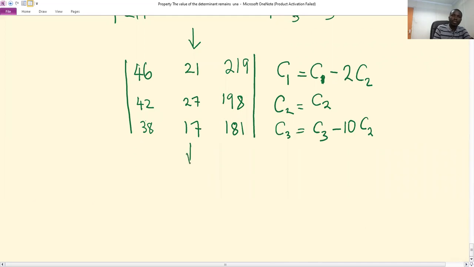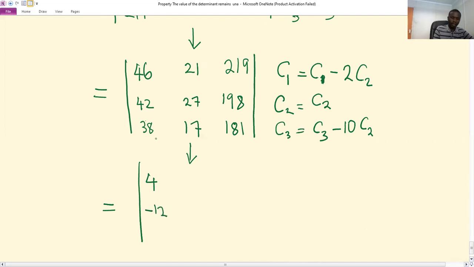So this will transform our determinant into: we have 46 minus 2 times 21, that will give me 4. And then 42 minus 2 by 27, that will give me minus 12.